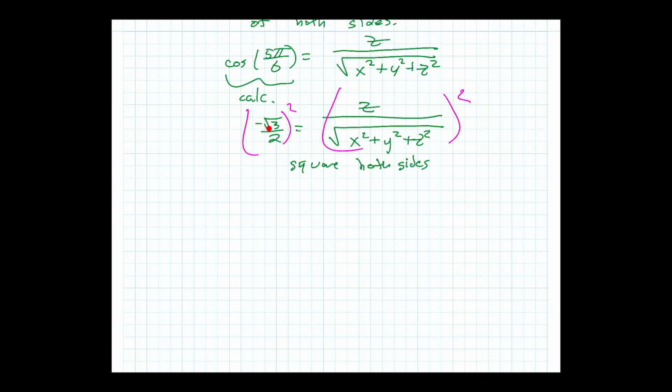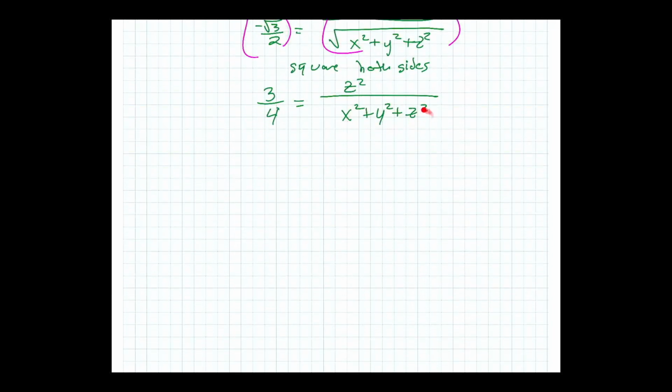The square root of 3 squared is just going to be 3. The square root of 2 squared is going to be 4. So you end up with 3/4 there. On this side, you square z and you get z squared. You square the square root and it's going to cancel out, and you end up with x squared plus y squared plus z squared.